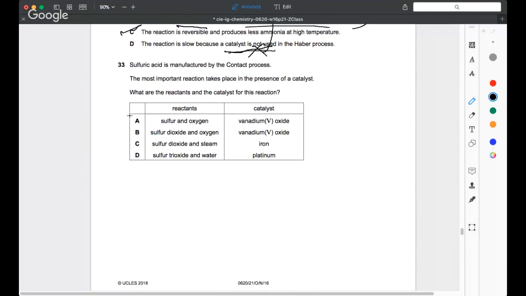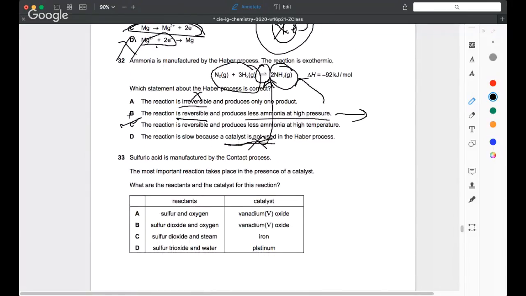Okay, number 33. Which reactants and catalyst are used for the sulfuric acid production in the contact process?